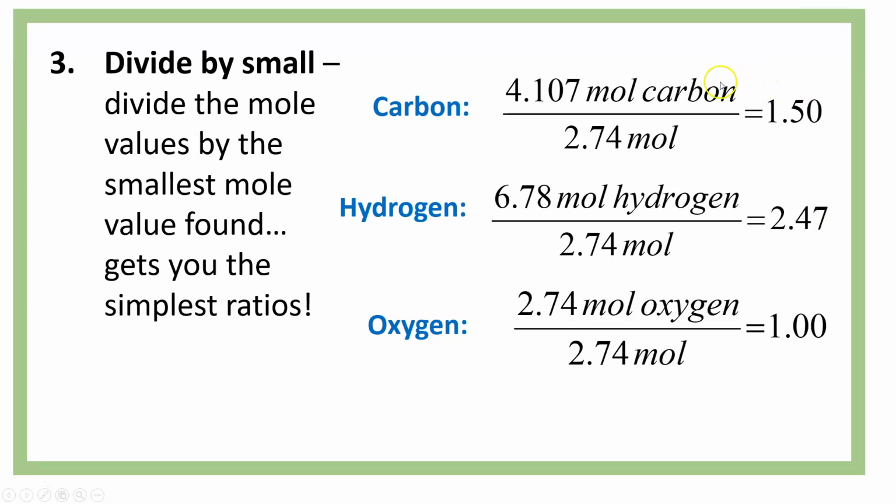Okay, so I've shrunk all these ratios down as far as I can, but you should notice these aren't whole numbers, are they? We went too far. Yes, we were able to get down to a single 1, but that made these decimals, and we need them to be whole numbers. So now what we have to do is multiply till whole.